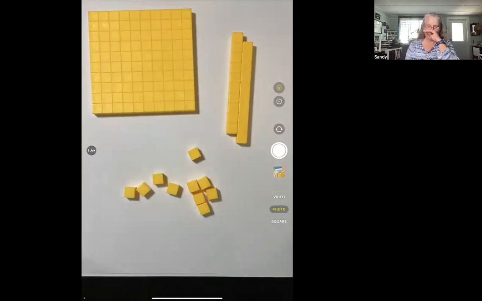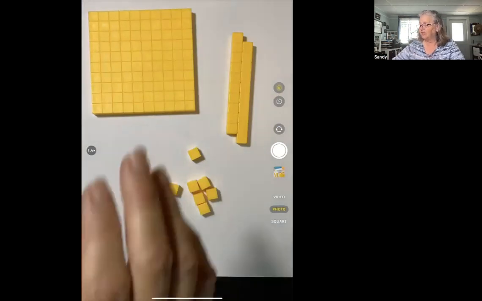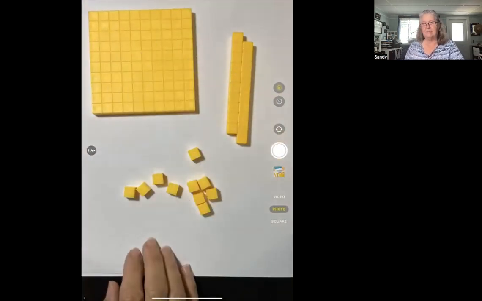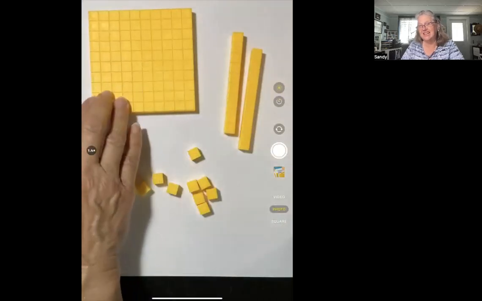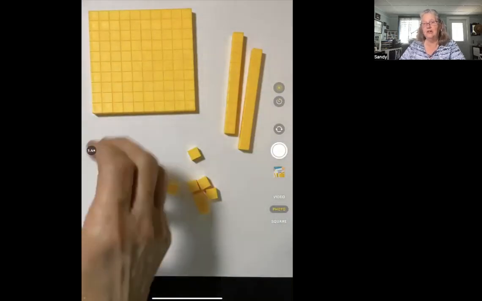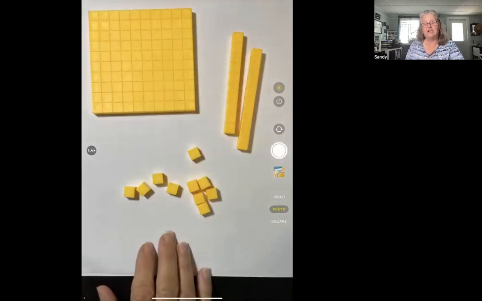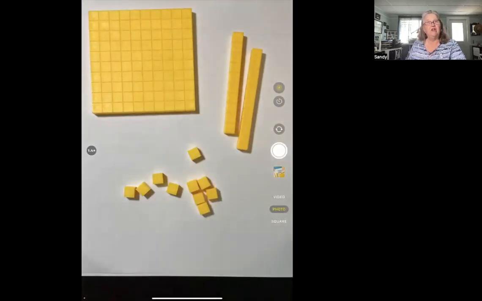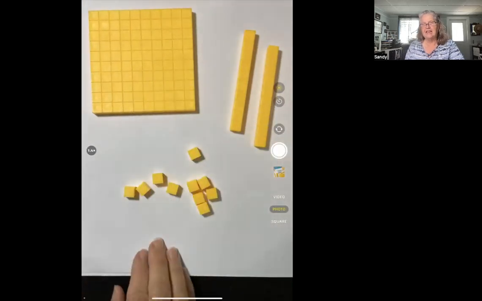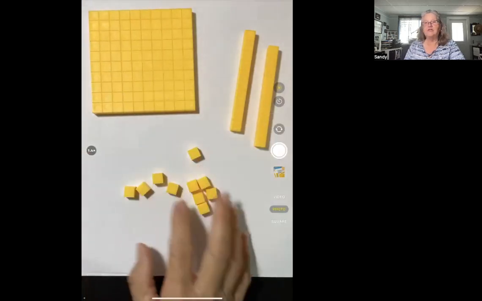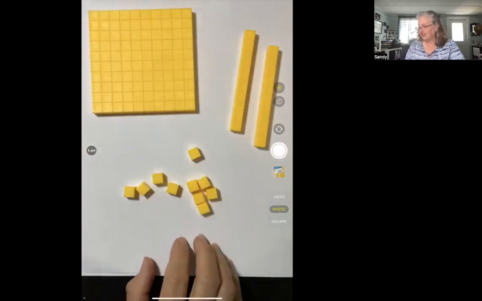Now, depending upon the curriculum, some of the curricula out there will name these different things. They might name these longs, and they might name these flats. I tend to just use the value, 100, tens, and ones for place value. But if you hear flats or longs, this is what your child is looking at. And sometimes the reason they do that is that we also use these for decimals later on. And I'll show you that.